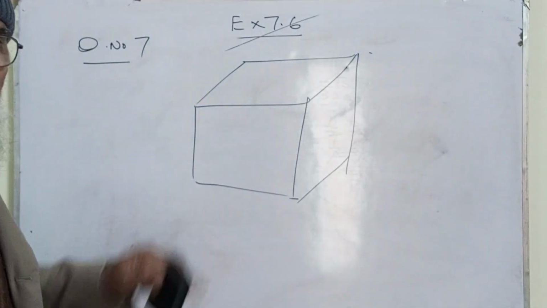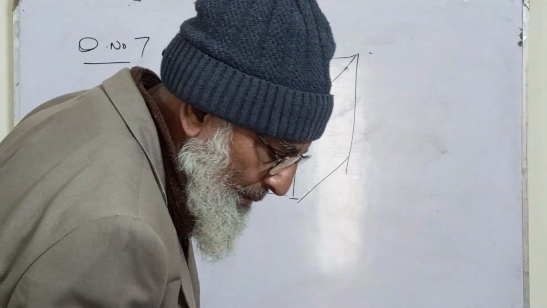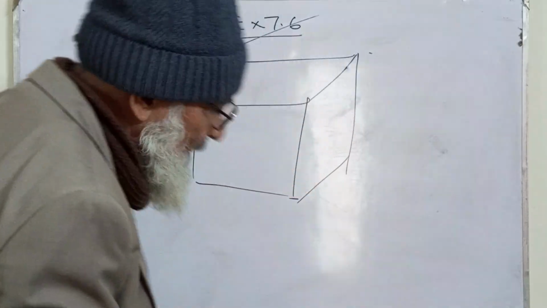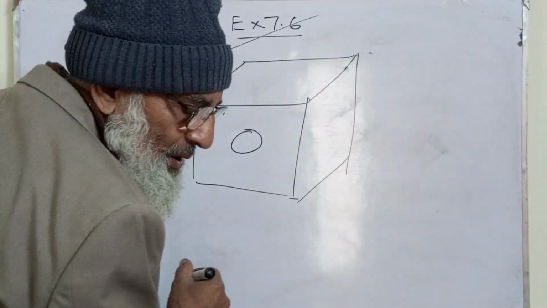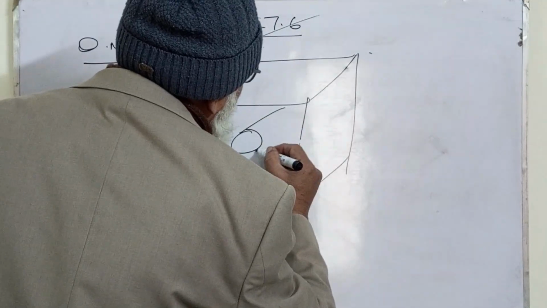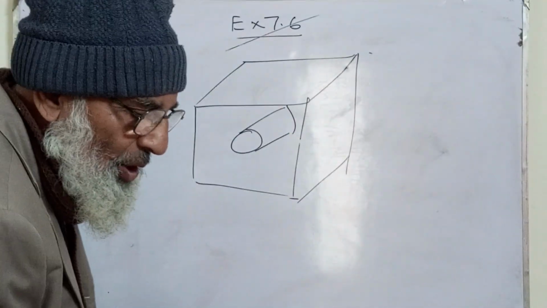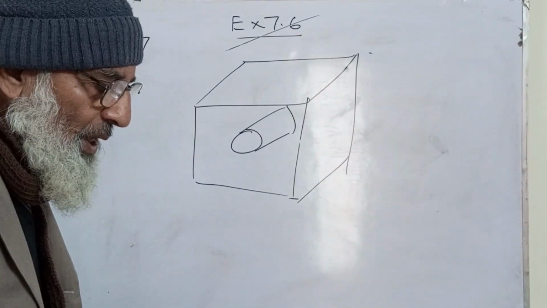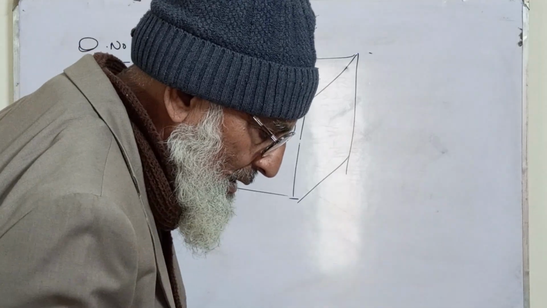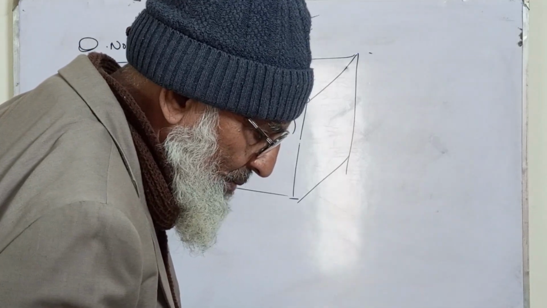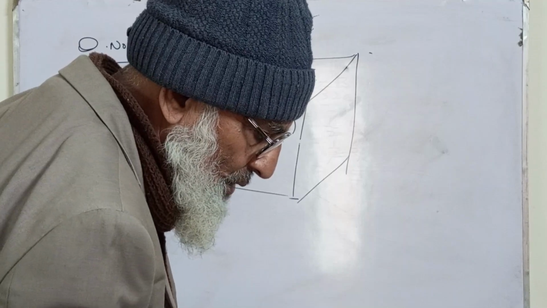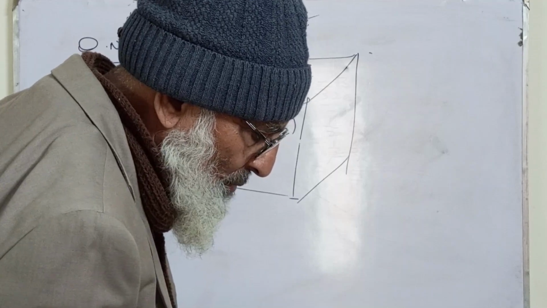Now this is a cuboid, a solid glass case, and in this solid there is a hole of cylinder like this. The diagram shows the case with a cylinder removed to fit the clock mechanism. Calculate the volume of glass required to make the clock case.